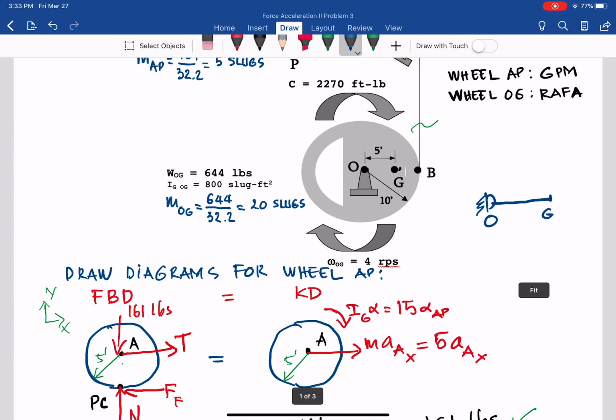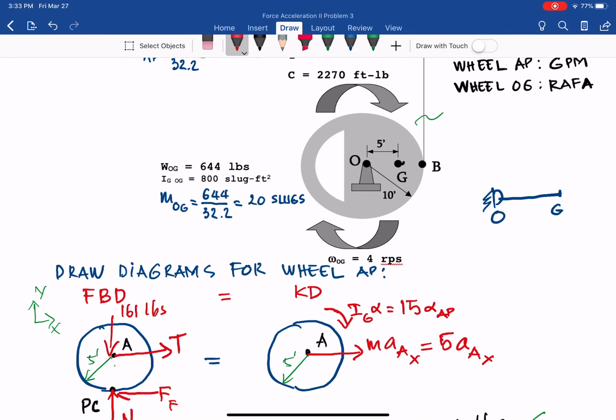So when it is a rotating body, you have two components of acceleration. The first one is AG normal, and when alpha goes that way, alpha OG, we have AG tangential, two components.